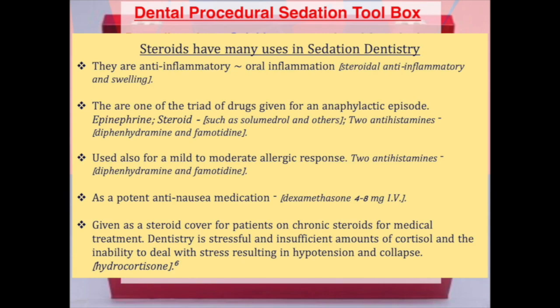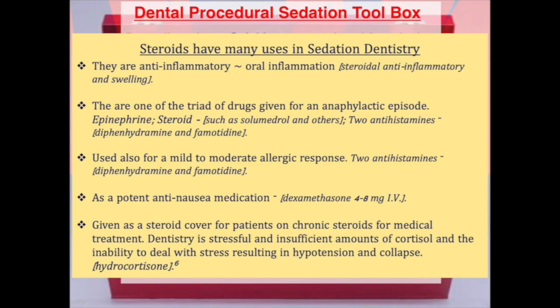It's used in anaphylaxis, along with the other drugs that we talked about, the epinephrine and the antihistamines, diphenhydramine and famotidine. It's used in mild allergic reactions. It's a potent anti-nausea medication, and it does provide some sedation. So just be aware of these drugs and their use.